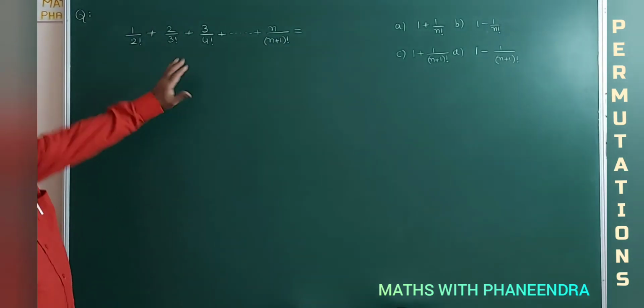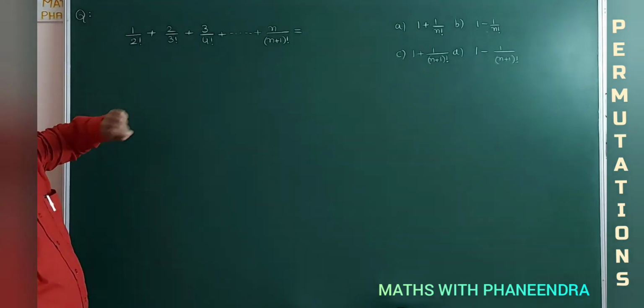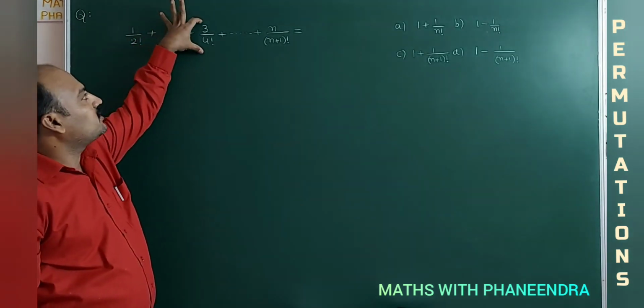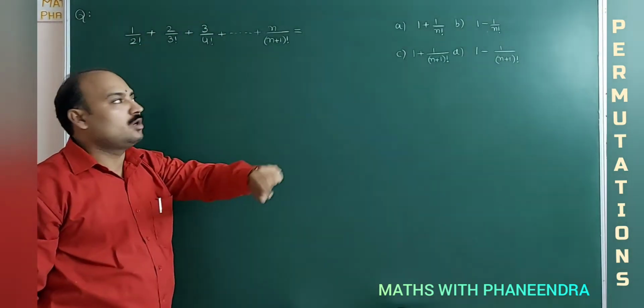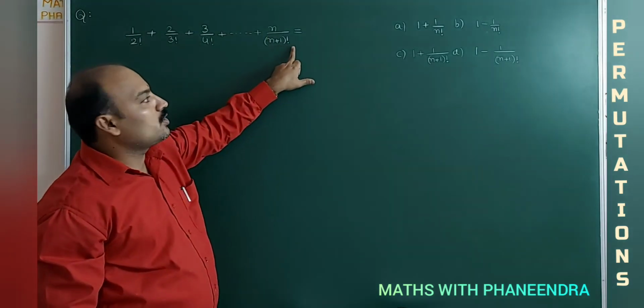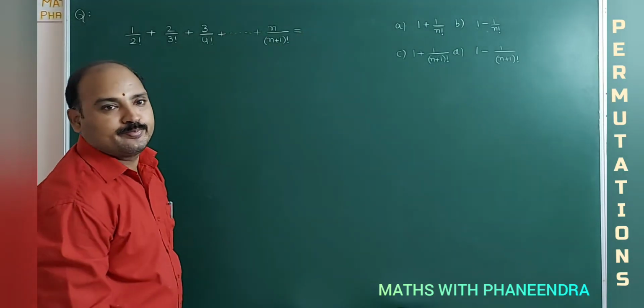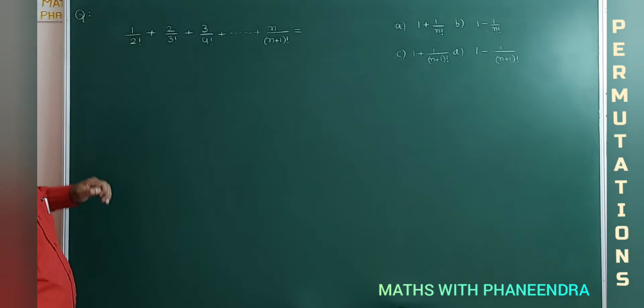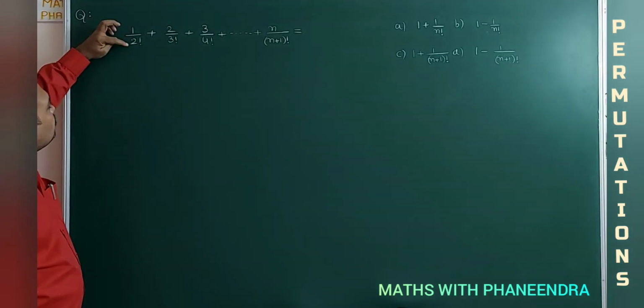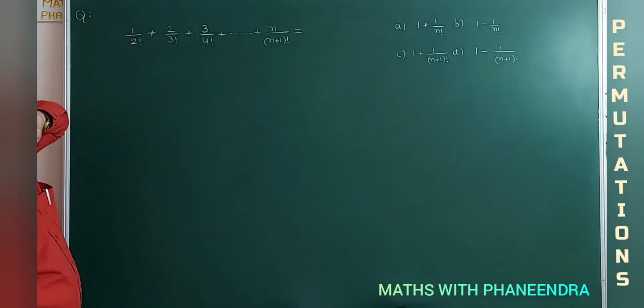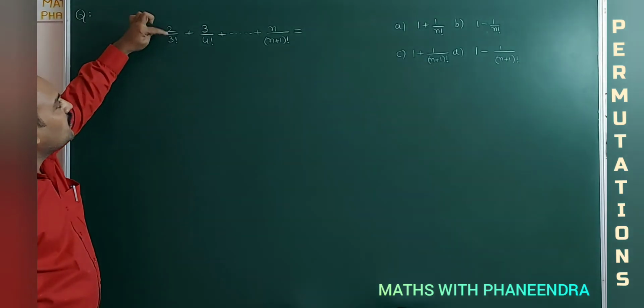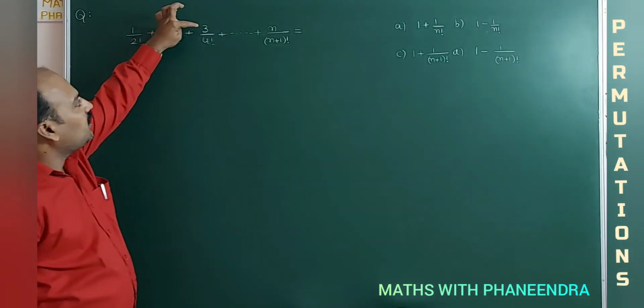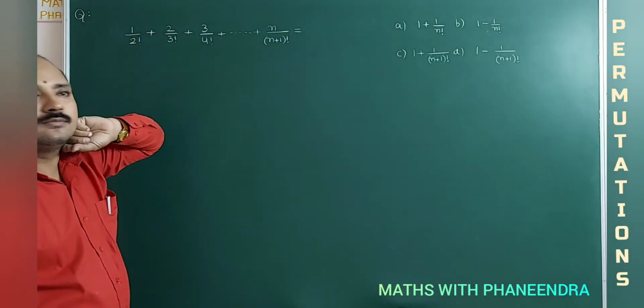The next question: 1 by 2 factorial plus 2 by 3 factorial plus 3 by 4 factorial plus and so on, n by n plus 1 factorial equal to. So here 1 can be written as 2 minus 1, 2 can be written as 3 minus 1, 3 can be written as 4 minus 1.